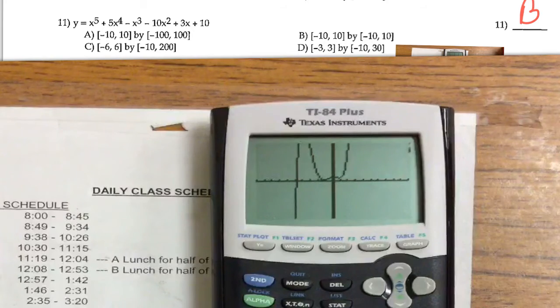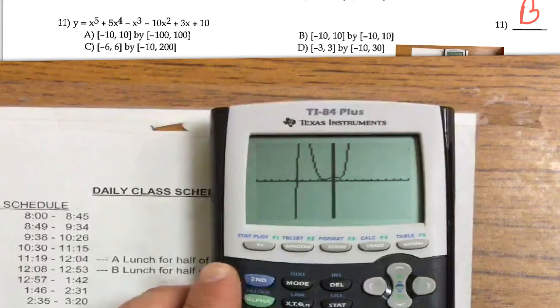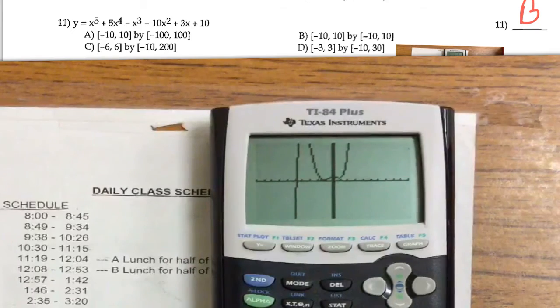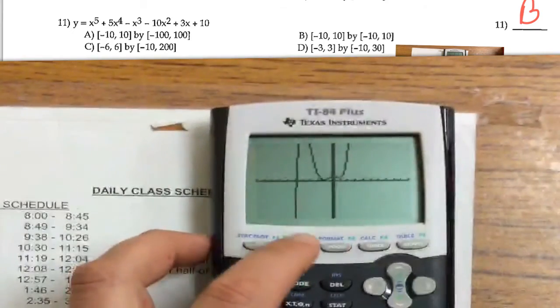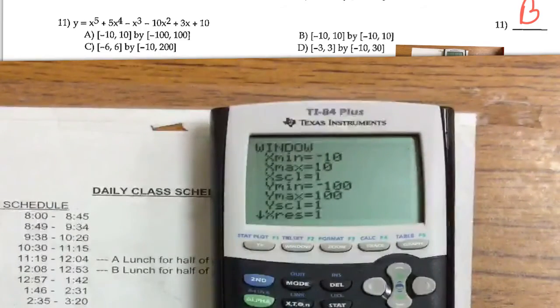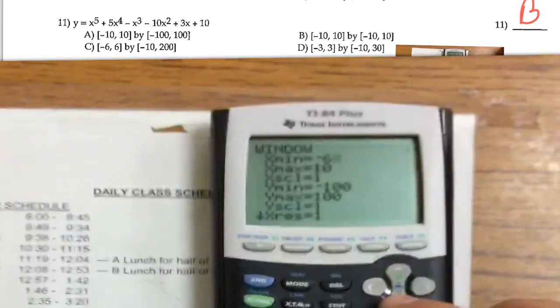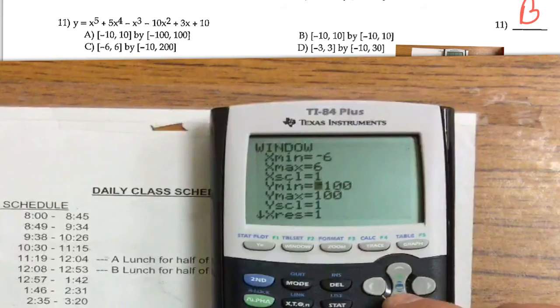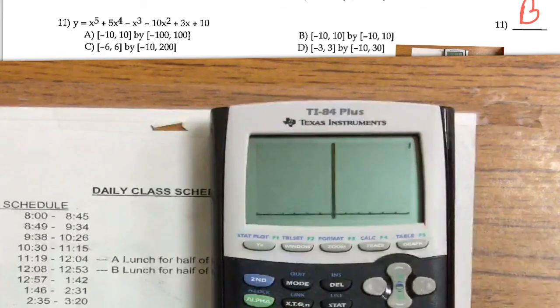This is not a good comprehensive window because I don't see the top of the hill up there. So let's try something that's going to go a little bit further up. So I'm going to jump to C and say the window maybe is -6 to 6 and -10 to say 200. And perhaps now I'll see this a little bit better.